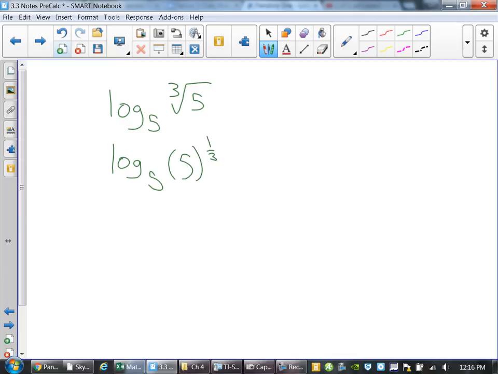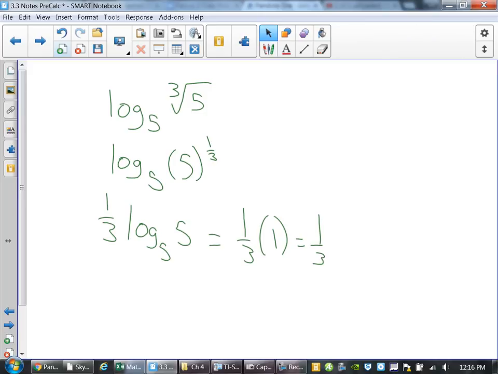Now, using one of these properties, I'm going to put it in front. Very good. Rewrite that 1/3 out in front. And what's log base 5 of 5? 1. So this is 1/3 times 1, which is 1/3.